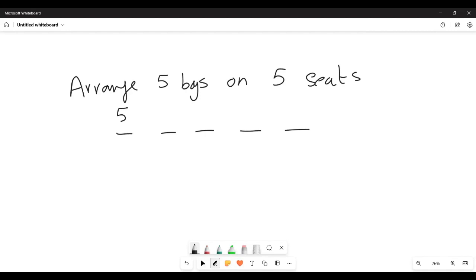अब एक boy first seat पे fit हो गया. So how many boys are available to fit in the second seat? That's going to be 4. So I'm going to write times 4 times, now 3 boys are available, times, now 2 boys are available, times 1.